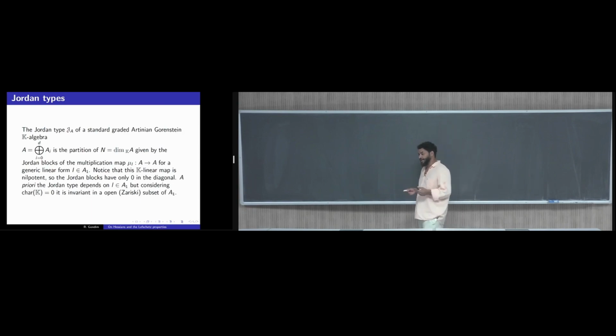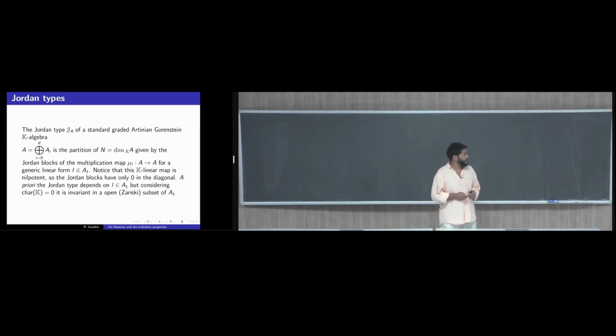An informal introduction: the Jordan type of a standard graded Artinian algebra, not necessarily Gorenstein, is the partition of the total dimension over the base field, which we are assuming, as in all the course, is of characteristic 0.